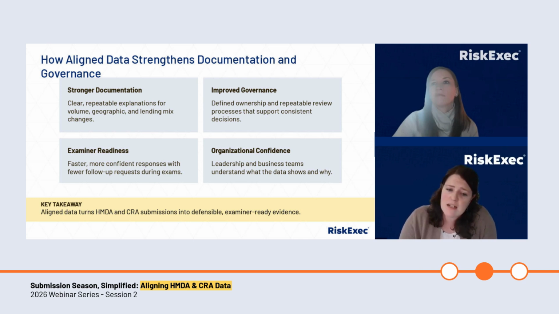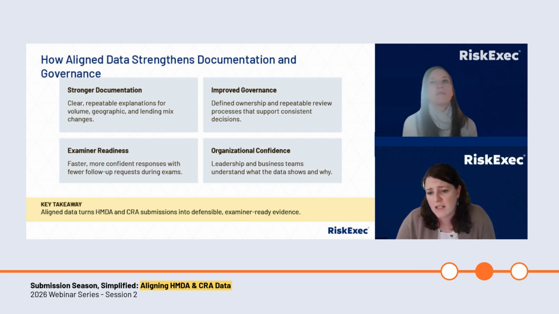Now, because HMDA and CRA data are aligned, it doesn't just reduce questions at submission time. It's going to fundamentally strengthen your documentation, governance, and your overall exam experience. When we do align HMDA and CRA data, the biggest shift we see here is institutions moving from reacting to questions into explaining the decisions that were made during the exam time.